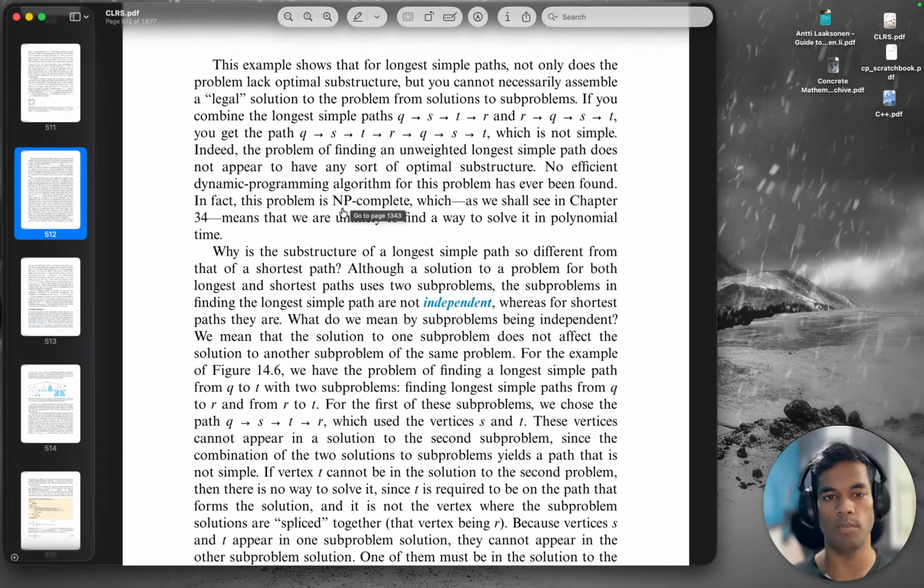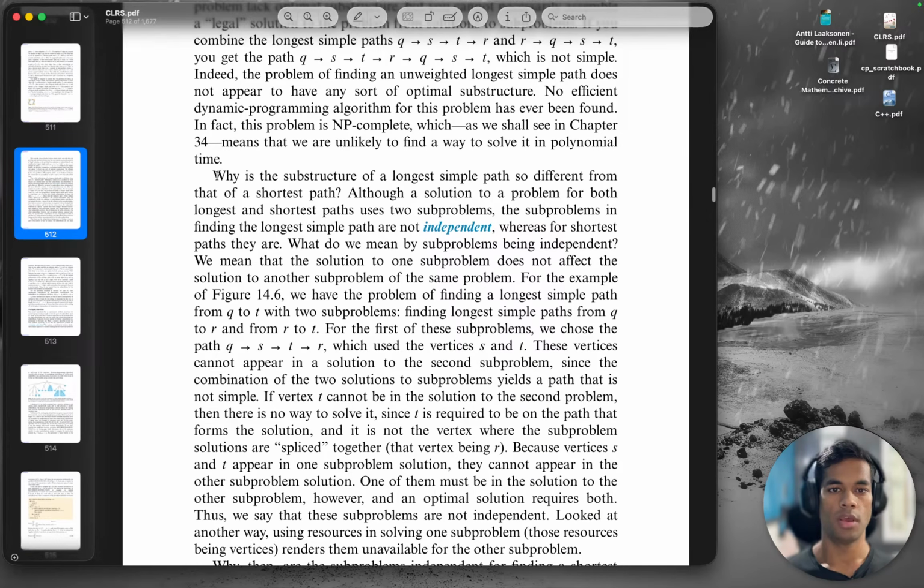So non-polynomial, that is NP. And NP complete is a problem which is in the set of NP problems, and it can also be converted into any other NP problem, and we call such problems NP complete problems.